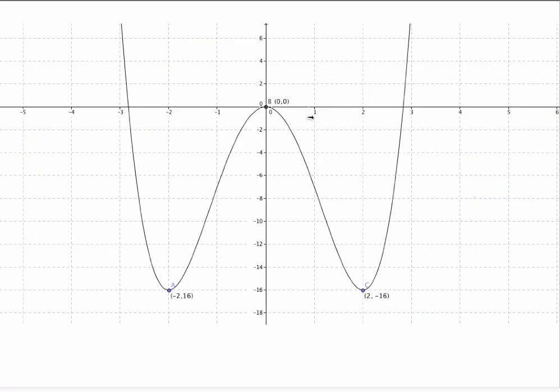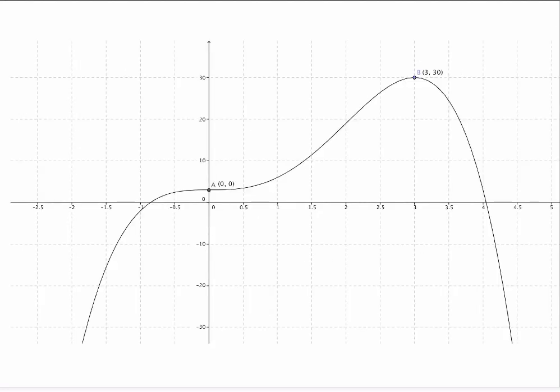Okay, if you look at this graph, we're going to have stationary points where the slope of the tangent is equal to 0. Now this one's a little bit different, but still we have 2 stationary points: at x equals 3, and we also have a stationary point here at x equals 0. Okay, these are both stationary points.